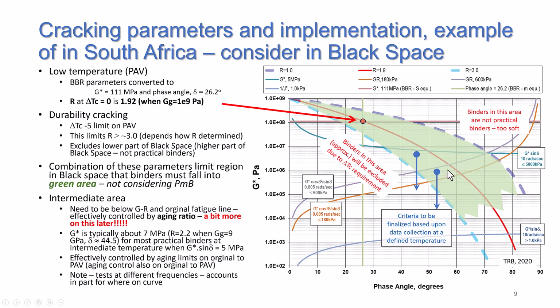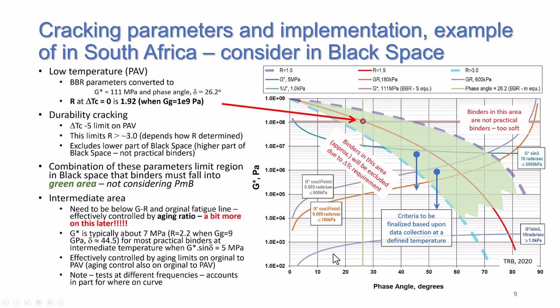And this isn't too different to the approach that NCHRP 959 proposed with an upper and lower limit on a rheological index line. So this blue line here represents a rheological index of 3. This is a rheological index of 1. The numbers proposed by NCHRP 959 are a little different to that, but the concept is not too different.